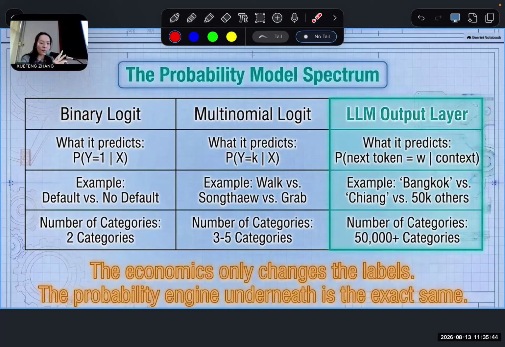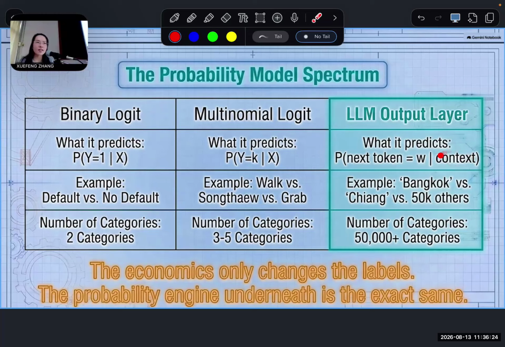Next one. In the last chapter, we're going to learn multinomial logit. That means we want to know the probability y equals k given x. So the example I showed you: walk, or you take the motorcycle taxi, or you take the Grab. The number of categories may be 3 to 5 categories. But for the AI that we use, the large language model, its output layer predicts the probability that the next token equals W given the context.